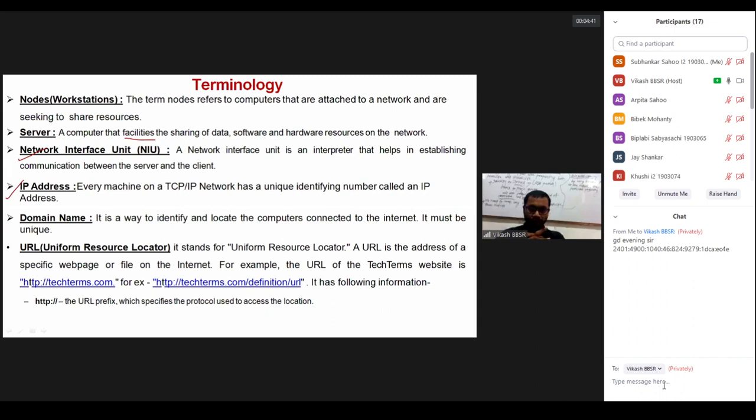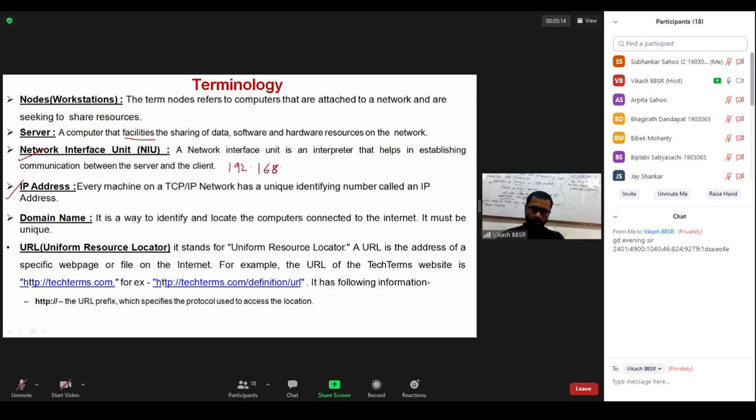Subhankar, that is not the IP address. It is the MAC address or physical address. Check it, but I am asking about the IP address. So how will I identify the IP address? I am sharing one IP address. Suppose one is written: 192.168.225.1.